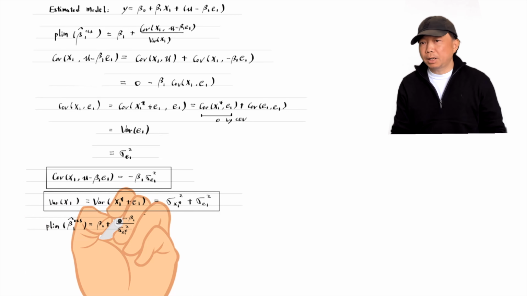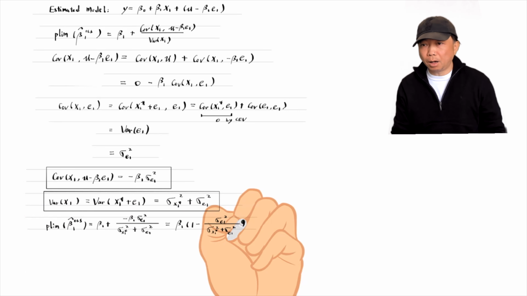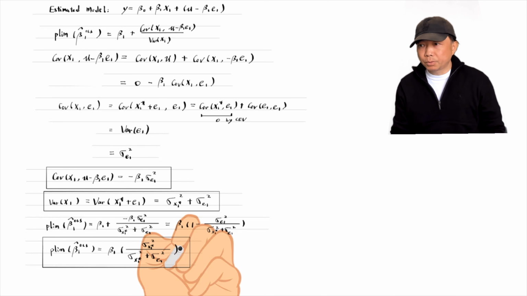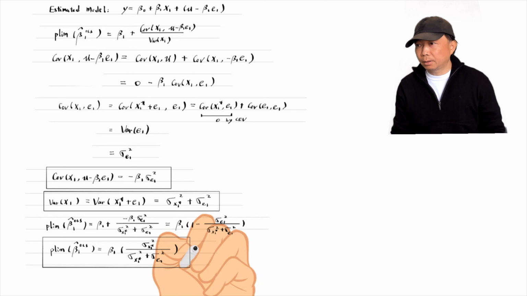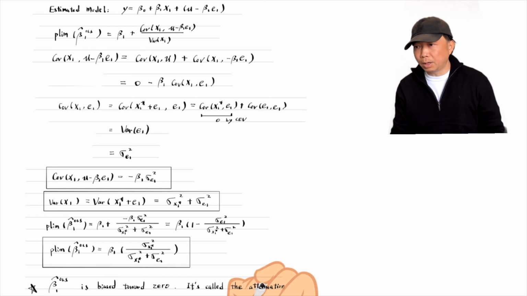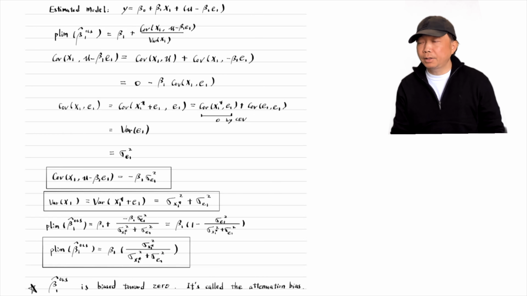Therefore, we obtain the probability limit of the OLS estimator beta 1 hat, which equals the population parameter beta 1 times a component. That component is positive and less than 1. It implies that the OLS estimator beta 1 hat is biased toward 0. It is called the attenuation bias.